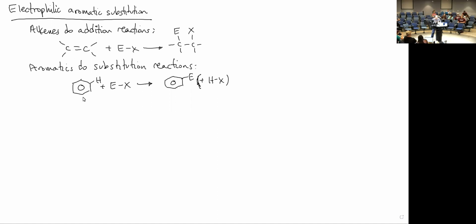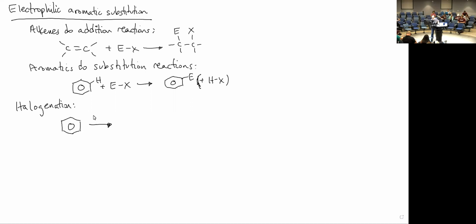All right, so first let's do electrophilic aromatic halogenation. In electrophilic aromatic halogenation, we will treat benzene, since we're always going to start with unsubstituted benzene, at least for now. We're going to treat it with some elemental halogen.